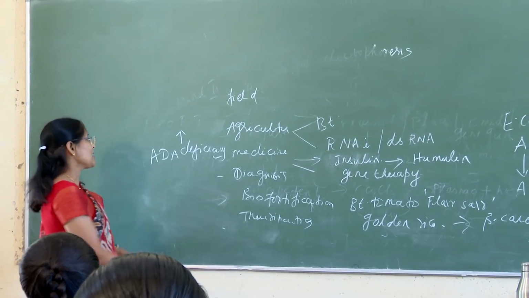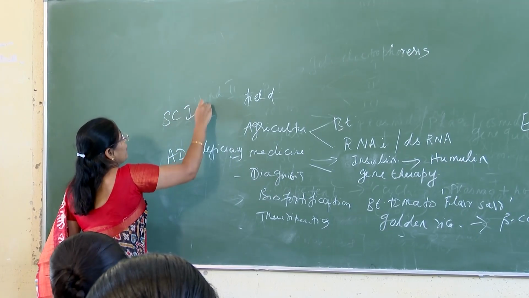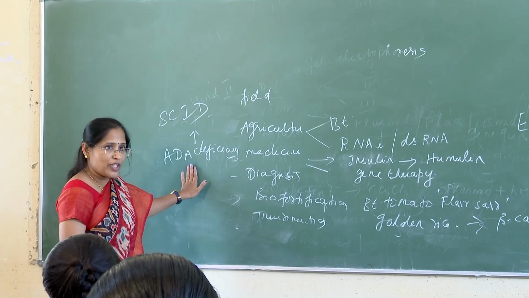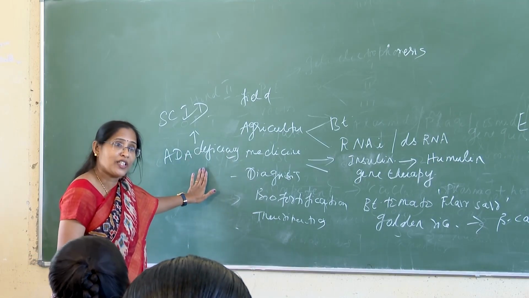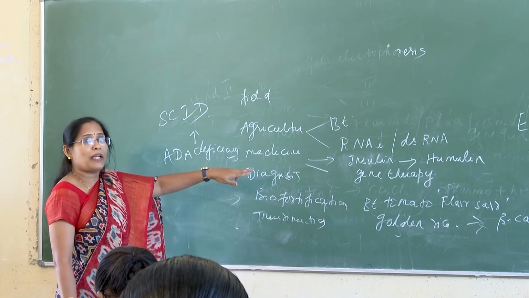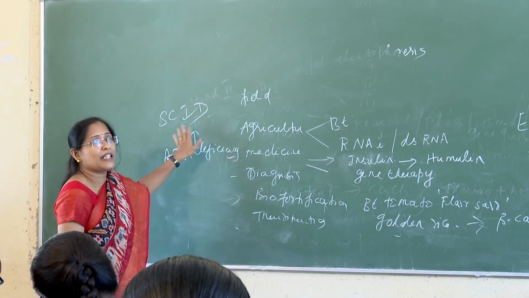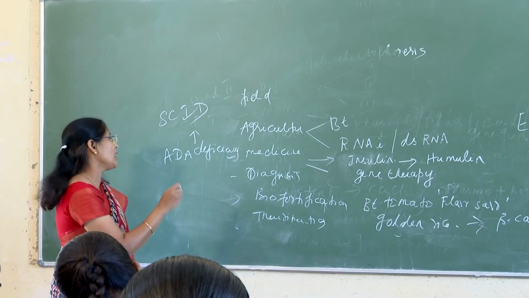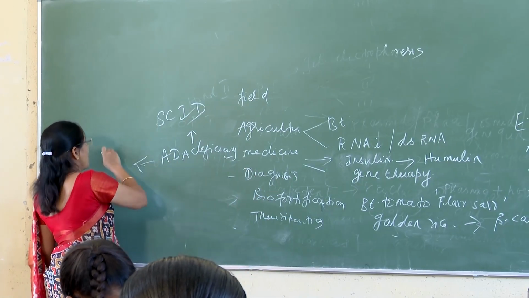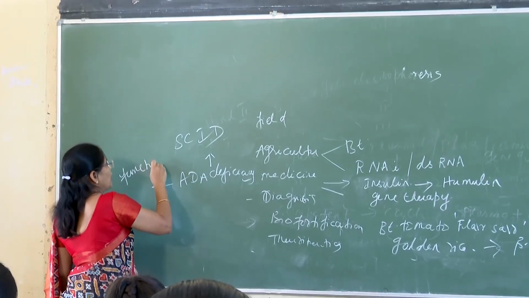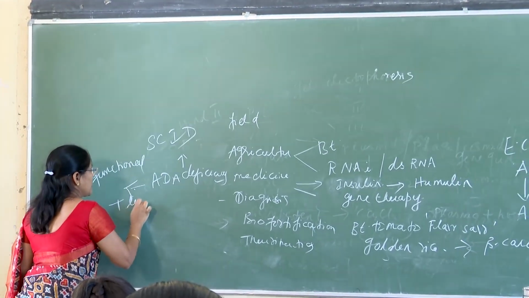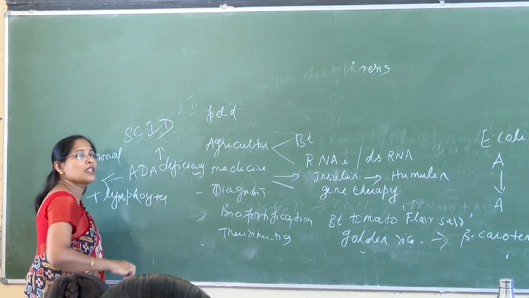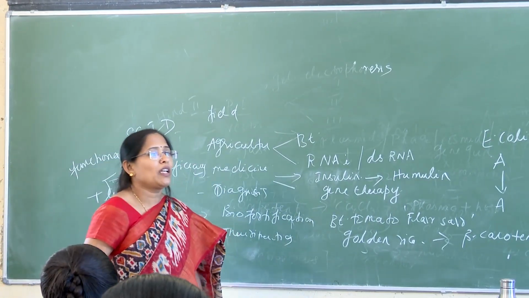So as a result, the person will suffer from SCID. Please don't get confused. The deficiency is of the ADA gene, but the condition the patient will suffer is SCID, that is severe combined immunodeficiency disease. There is a lack in functional lymphocyte production, especially T lymphocytes cannot be produced. What is the use of T lymphocytes?